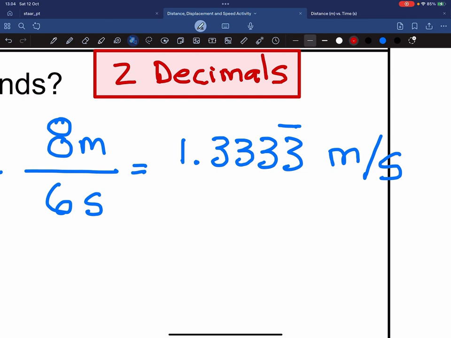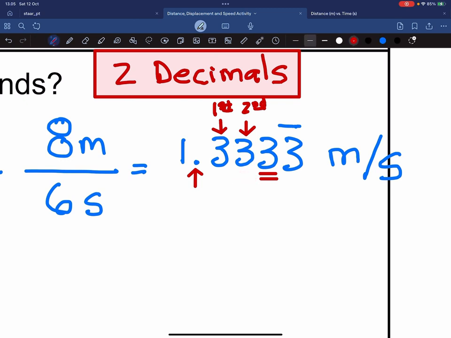Final thing. There is my decimal, right? So this is my first decimal place. This is my second decimal place. And then this is the one that I use to decide if I want to round my second decimal place.